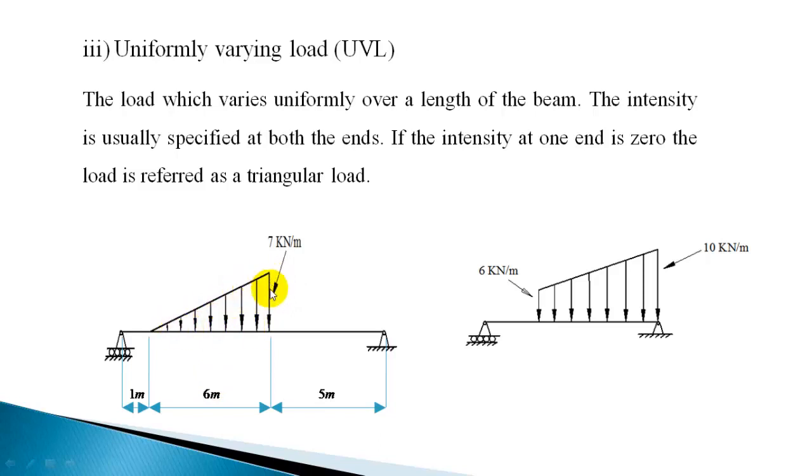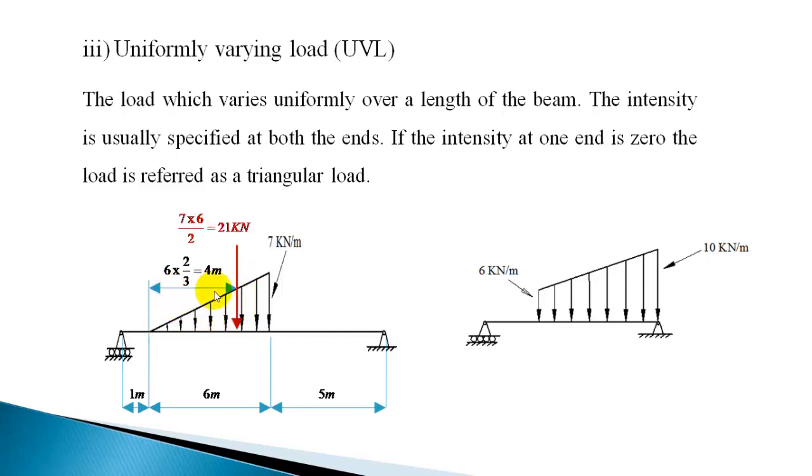The area of the triangle is the resultant load. To find the location of the load, you find the centroidal distance from the vertex. For a triangle, we know the centroid from the vertex is 2/3 of this span of 6 meter, or from this side it is 1/3 of 6. That is the location through which the resultant will act.